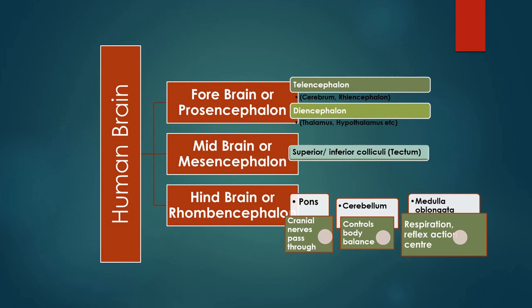Then midbrain: superior and inferior colliculi, meaning the vision and auditory related functions. And hindbrain: pons, cerebellum, medulla oblongata. Pons means the cranial nerve connection. Cerebellum is your body control. Medulla has your respiration center, heartbeat center, and reflex action center.